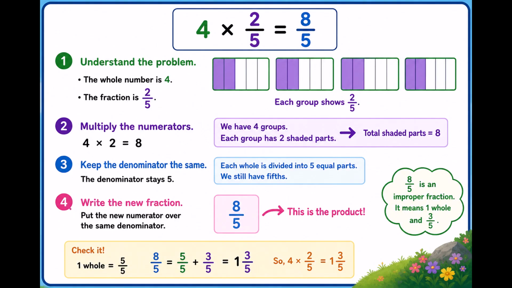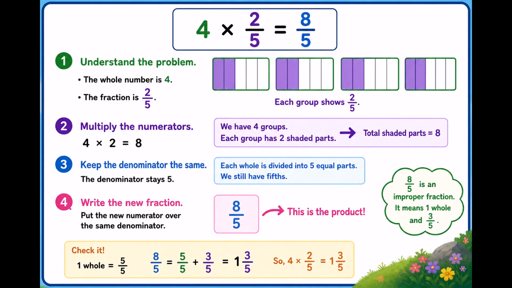Each rectangle has 2 panels shaded out of 5. See, it's much easier than you think it is. 4 groups broken down into 5 parts each, and there's 2 shaded in each. So the whole number is 4, so we have 4 groups.